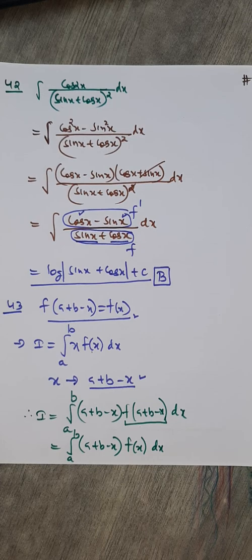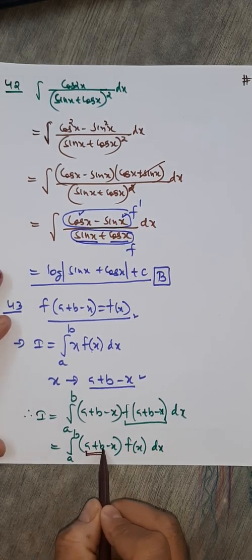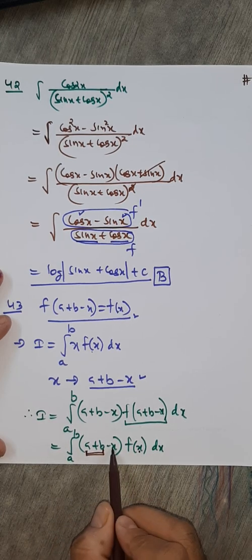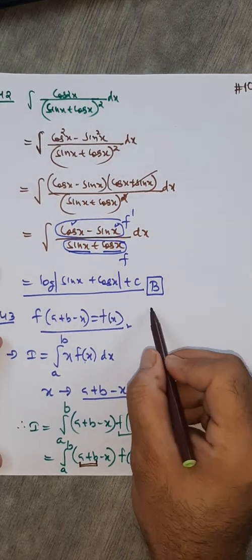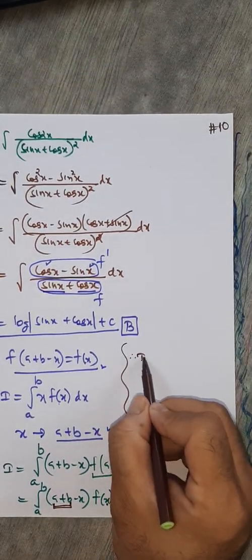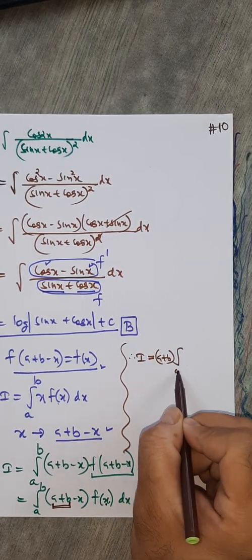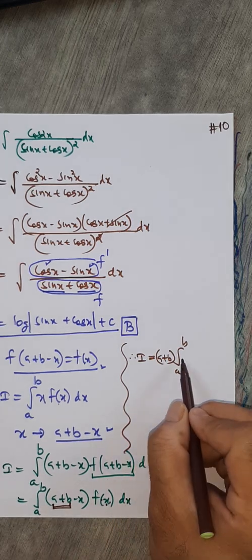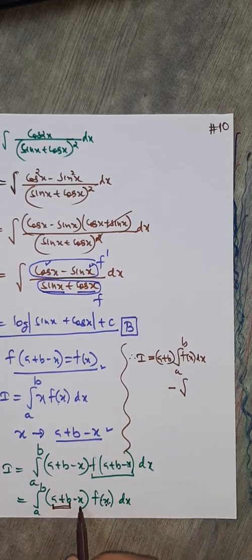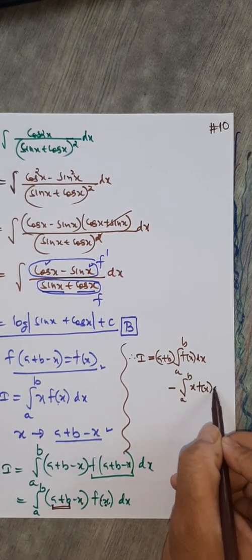So integral a to b of a plus b minus x into fx dx. Now we split it into two integrals, a plus b into fx and x fx. If I do that, I equals a plus b will come out, integral a to b fx, minus integral a to b x into fx dx.